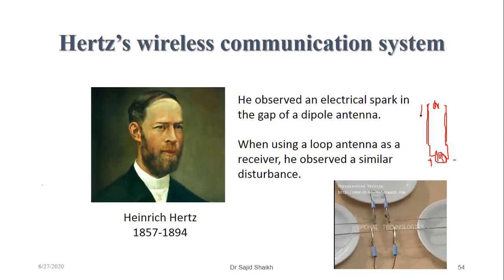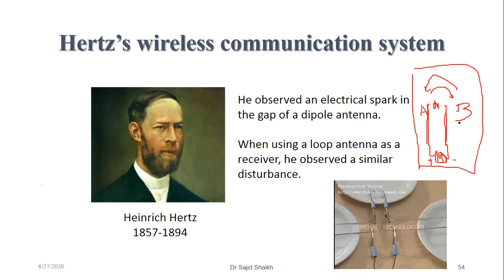Suppose this is point A and this is point B. Some energy is transferred from this point to that point, and vice versa. He concluded that even if the loop is not completed, there is still a transmission of energy. This is the basic finding of Hertz. Antennas work on this principle.